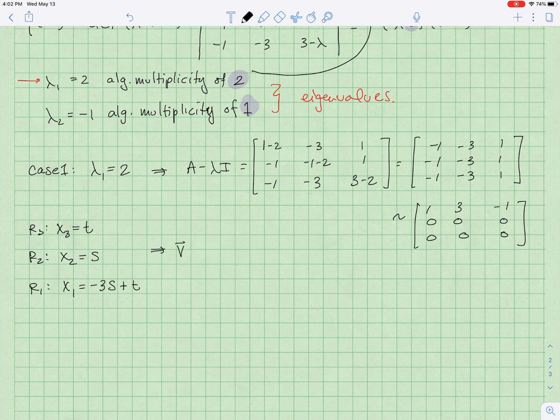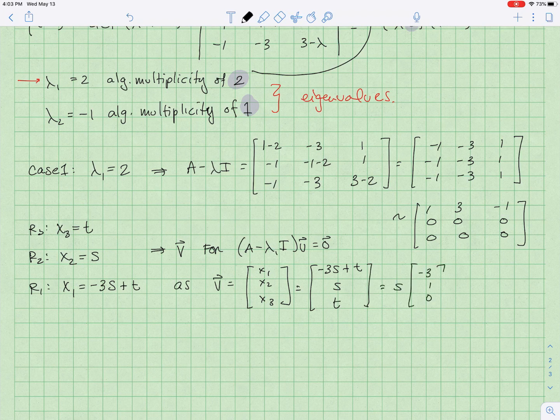And this makes my vector v for A minus lambda 1 I times v equals 0 as v equal to x1, x2, x3, which here is negative 3s plus t, s and t, which we can decompose as s times the vector negative 3, 1, 0 plus t times the vector 1, 0, 1.